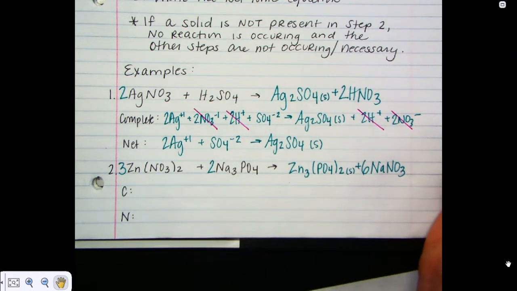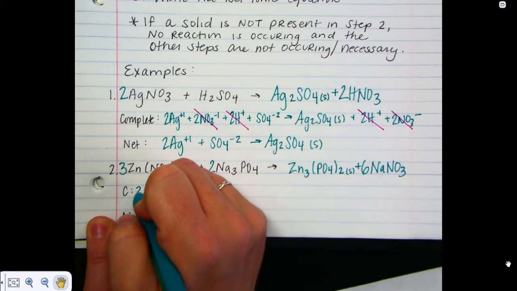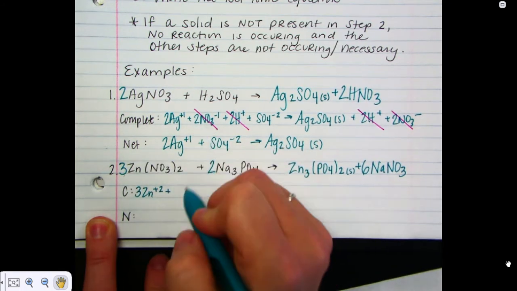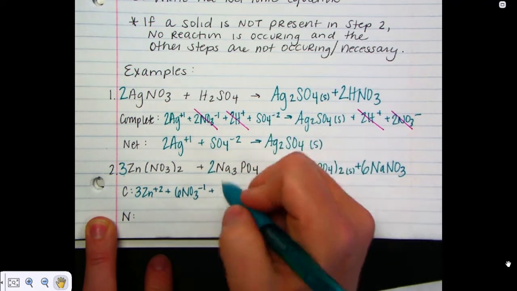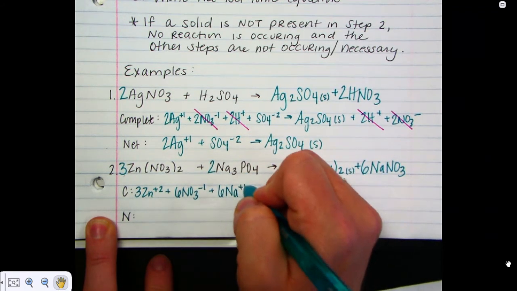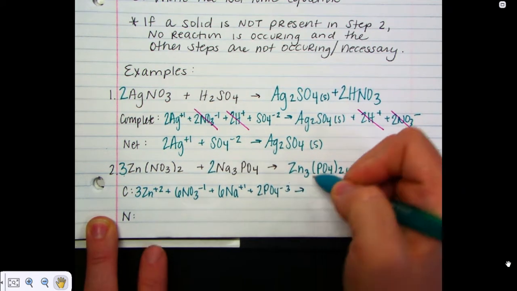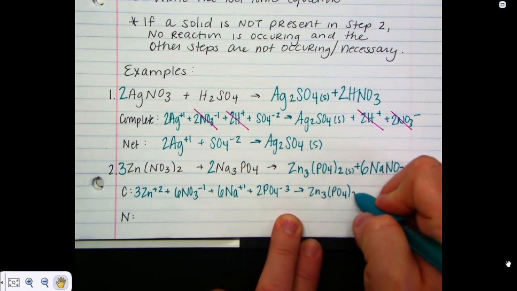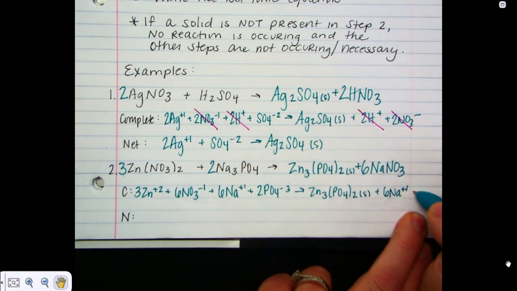So now I'm going to take everything apart into its ions, and that's going to give me 3 Zn 2 plus, so this 3 and that 2 is going to give me 6 NO3 minus 1 plus 2 times 3, 6 Na plus 1 plus 2 PO4 minus 3 yields Zn3(PO4)2 solid plus 6 Na plus 1 plus 6 NO3 minus 1.